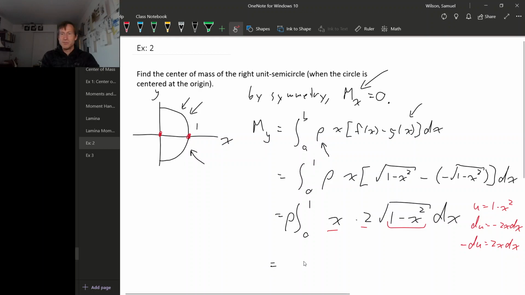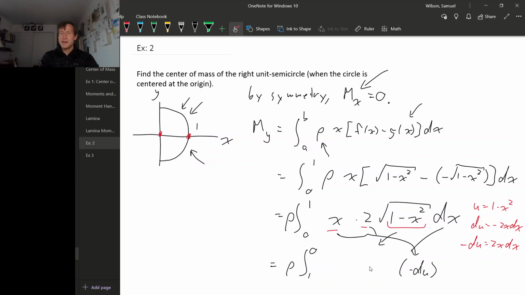This now becomes rho times the integral. I need to translate my bounds. When x is 0, u is 1. And when x is 1, u is 0. So the integral from 1 to 0 of, this x, 2, and dx all go into minus du, and then the square root of 1 minus x squared is the square root of u.